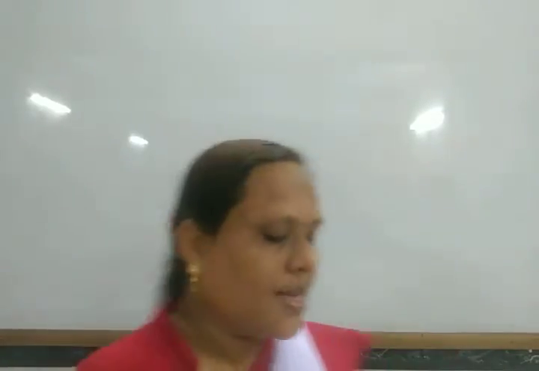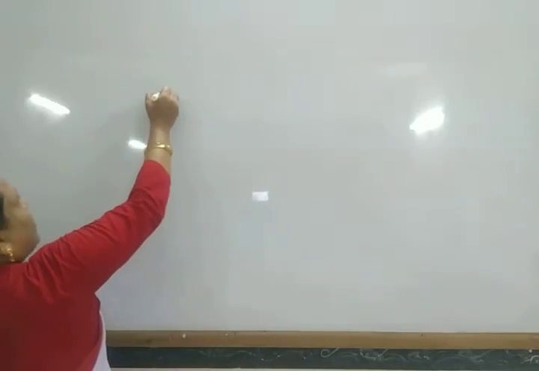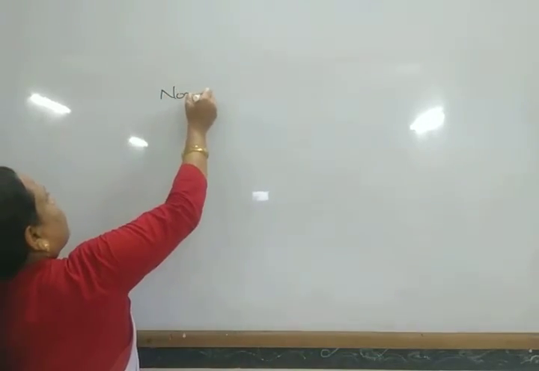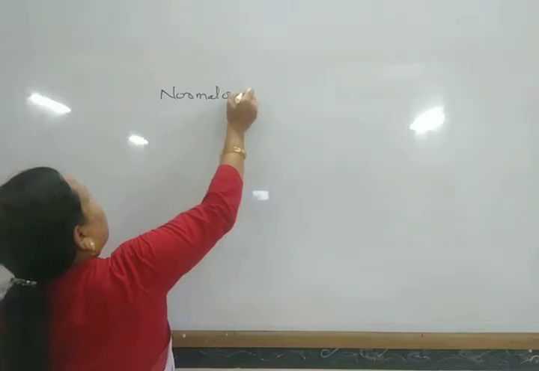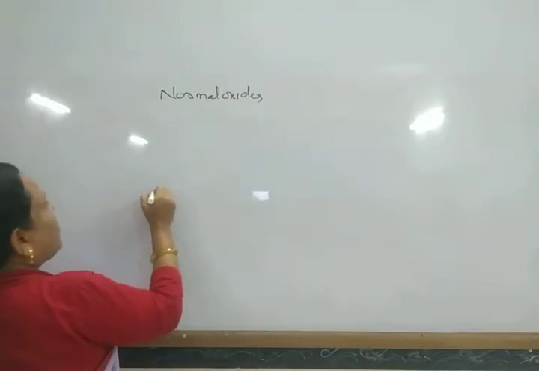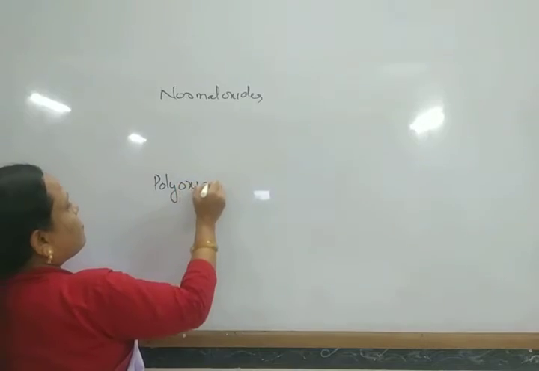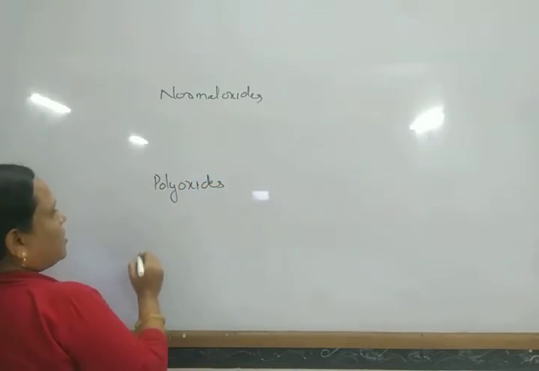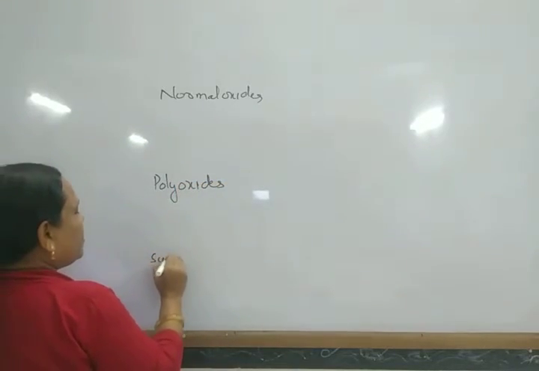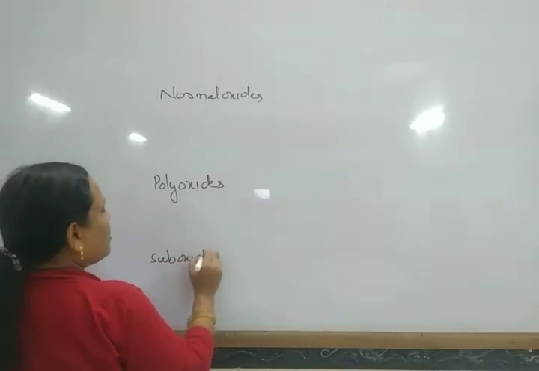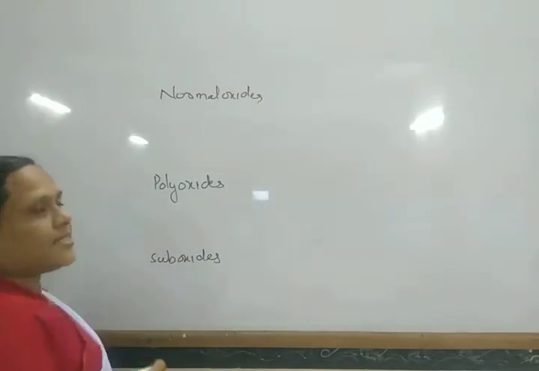So as oxygen gives oxides, these oxides are again classified into different types such as normal oxides, polyoxides, and suboxides.